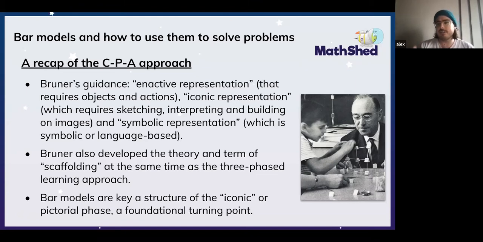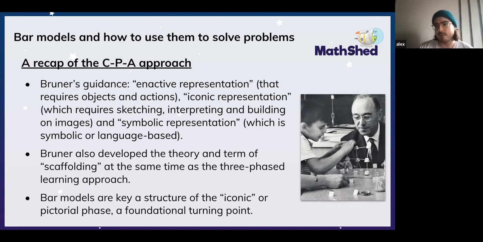So all of these terms that are really quite familiar to us, the CPA and scaffolding, are from Bruner's work in the late 60s, that was particularly developed in Singapore. But again, we've been using the term scaffolding and have an understanding of what that means in the UK. We've been using it for a long time.